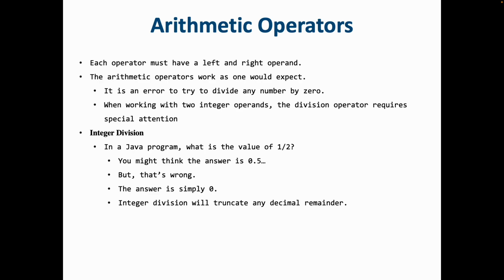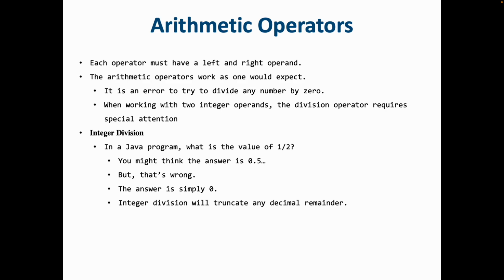0.5. If I say 1 / 2 in Java, then it will be 0, right? An integer division. In Java, if you try to divide two integers, the answer will not be 0.5, the answer will be 0. So basically, it removes the decimal part.